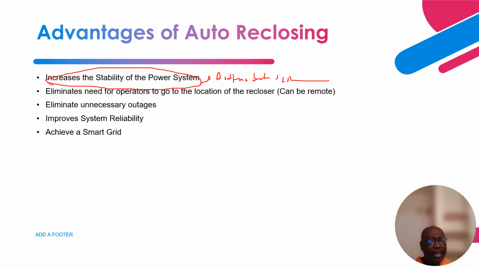It also eliminates the need for operators to go all the way to the remote location. And some of these distribution feeders can be very, very remote. And sometimes even identifying where the fault is can be very challenging, especially if you don't have a fault identification system on the distribution system, right?